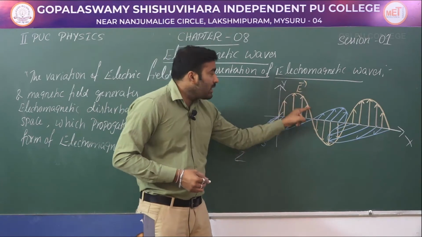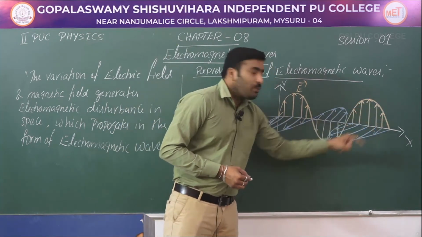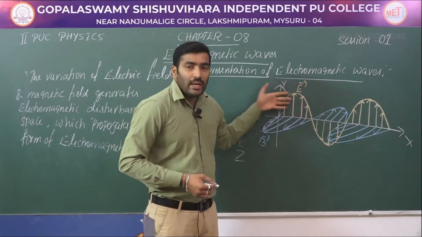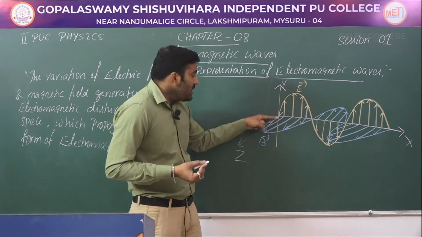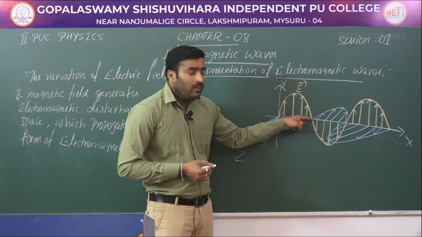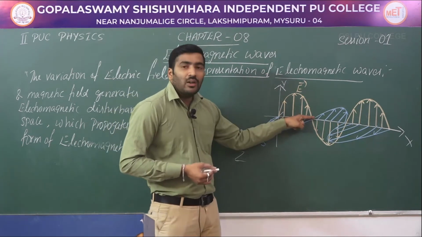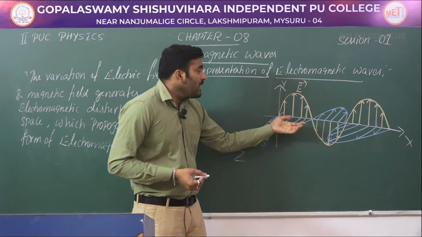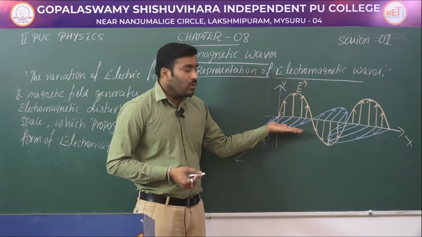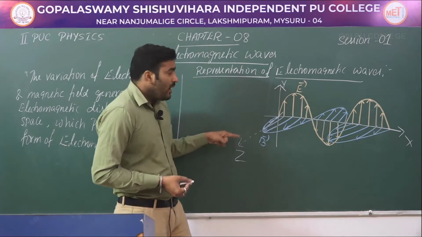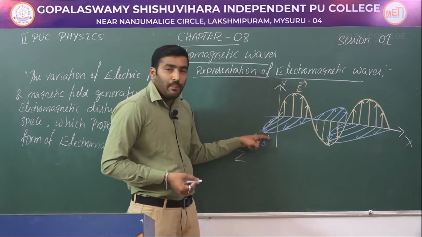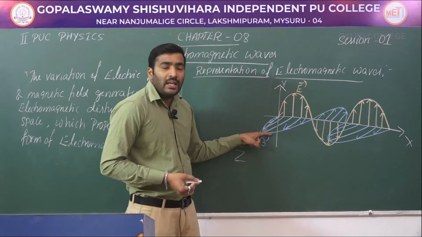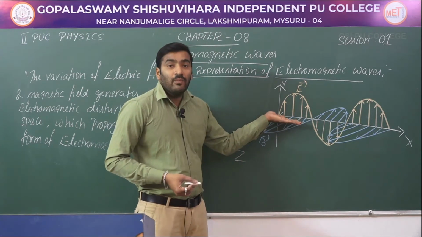This electric field vector is a sine wave which is propagating in the xy plane, and this is a magnetic field vector, and this magnetic field vector is propagating in the xz plane. You can look at this. This is z axis, and this vector, the magnetic field vector, is represented by B. So this is propagating in the xz plane.